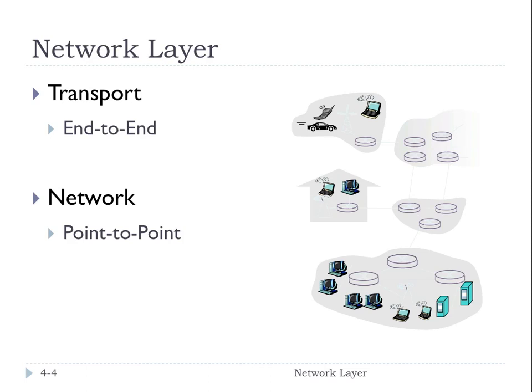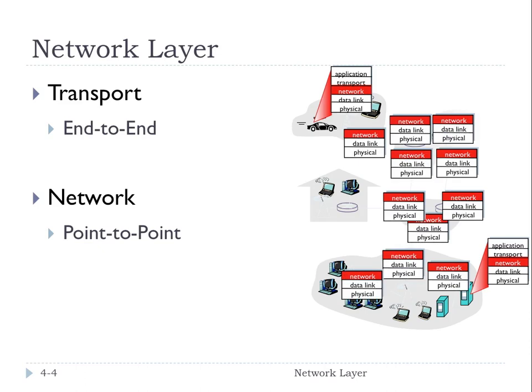The network layer resides on every host in the network, not just the endpoints. So when packets are sent from one endpoint to another, every single host, every router is running the network layer. Now, all those routers in the core of the network are not running the transport layer, but they are running the network layer.